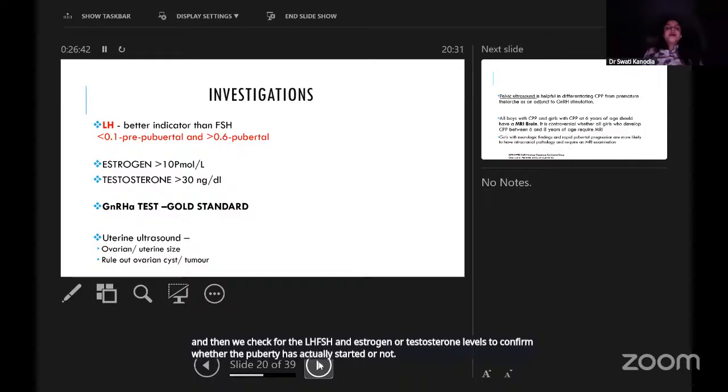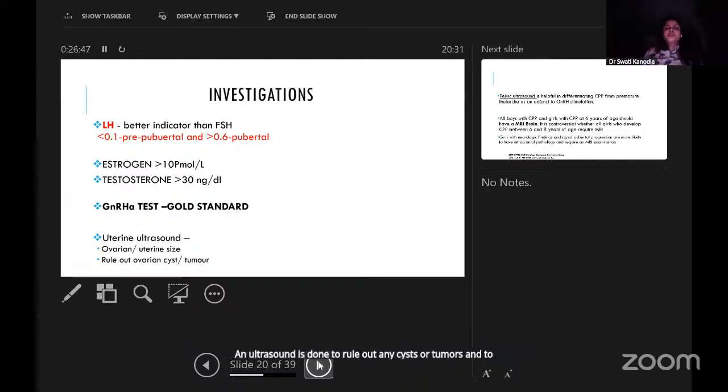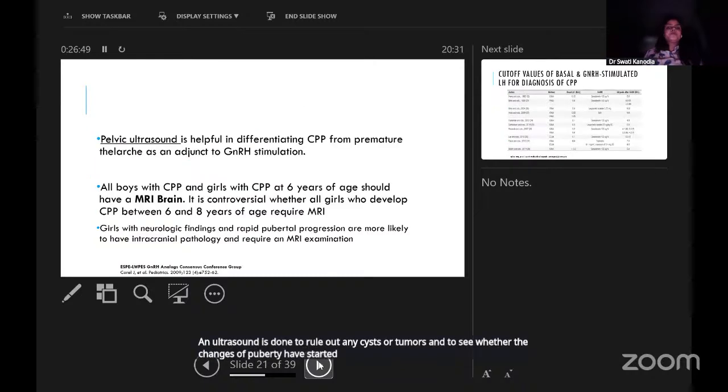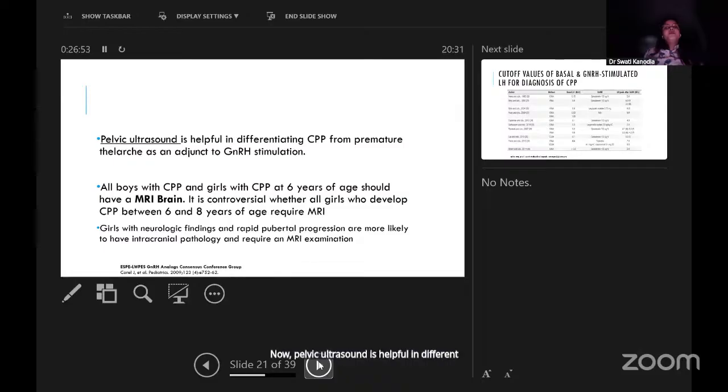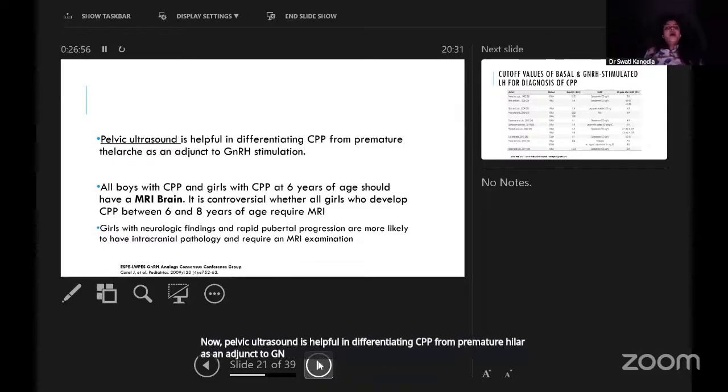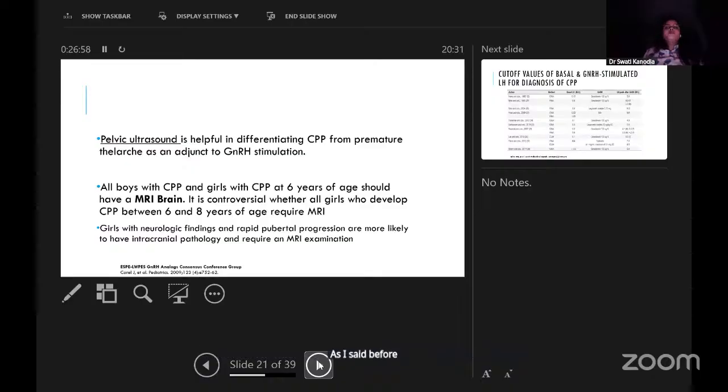An ultrasound is done to rule out any cysts or tumors and to see whether the changes of puberty have started. Pelvic ultrasound is helpful in differentiating CPP from premature thelarche as an adjunct to GnRH stimulation. As I said before, all boys with CPP and girls with CPP at 6 years of age or less should have an MRI brain.